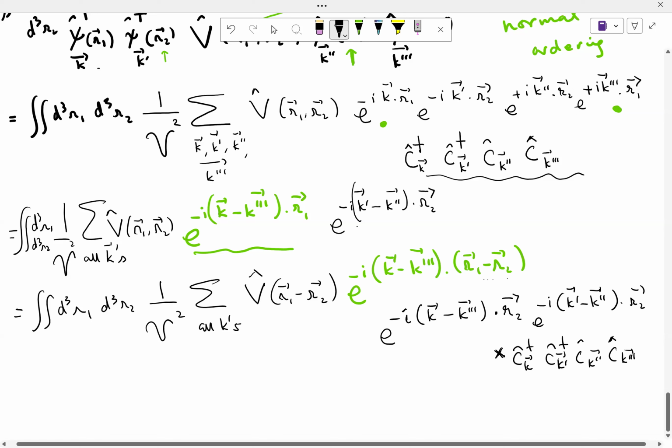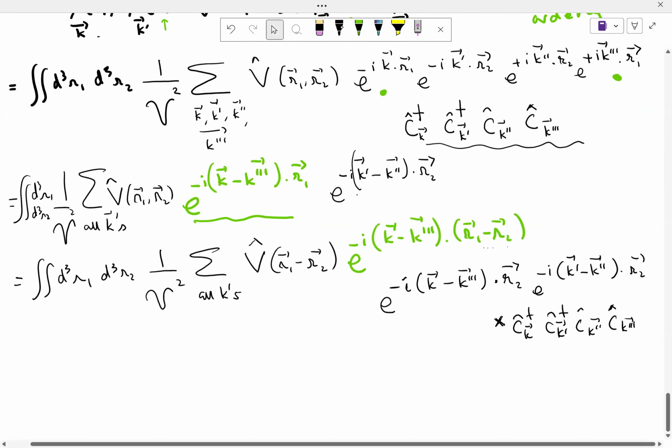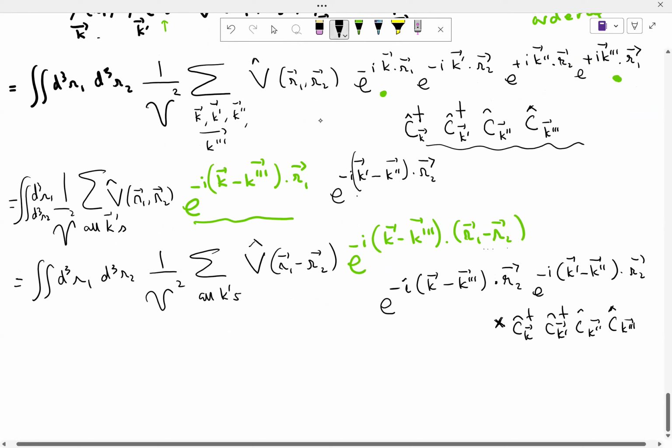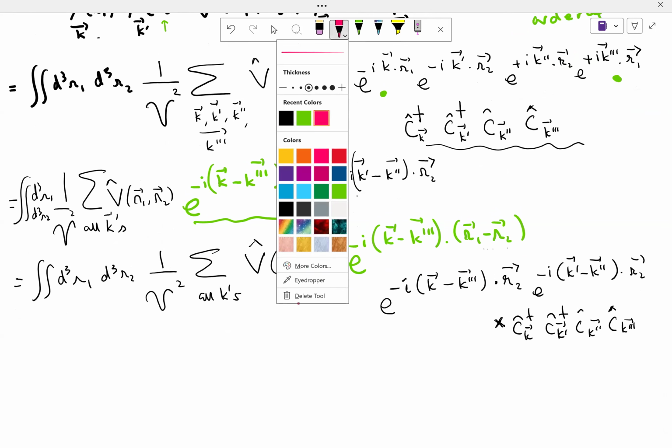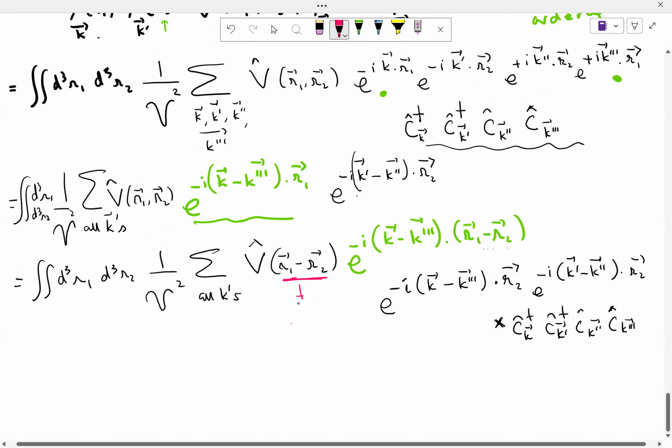Now in the next step, I could replace this R1 minus R2 by a new vector Z. Replace this by Z. So I want to get rid of the R1s.